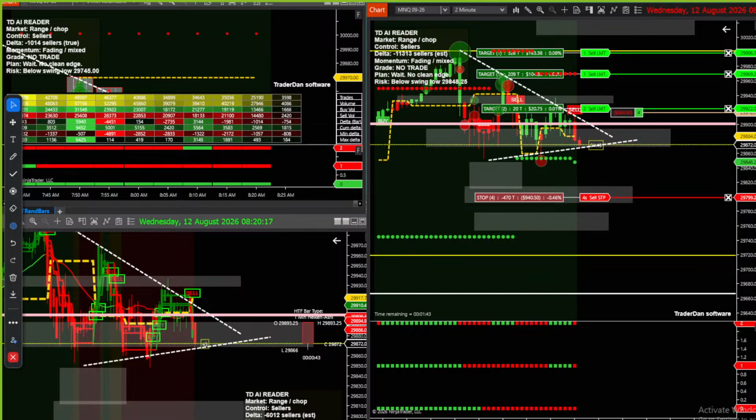We could free fall now if we wanted to, right? I don't think this is going to hold. I think it's going to wick these bottoms out. Let's see if we get one more rejection back up.